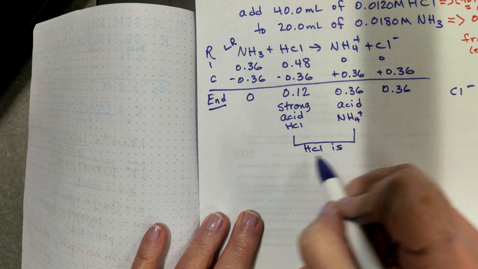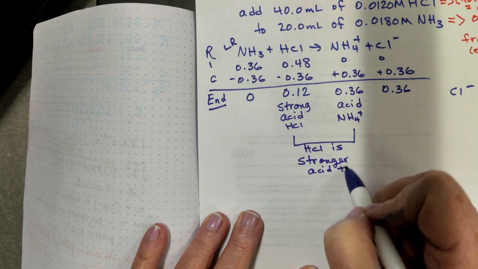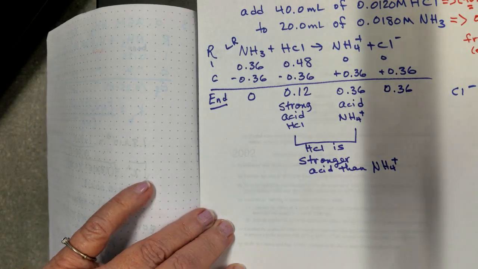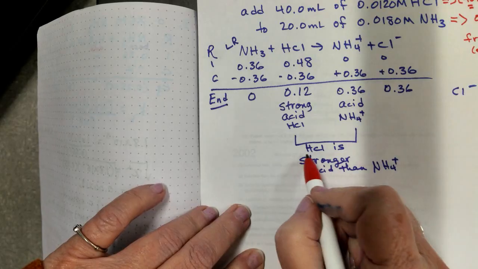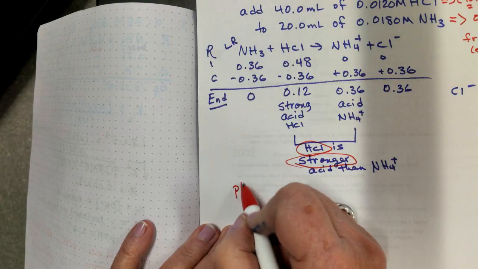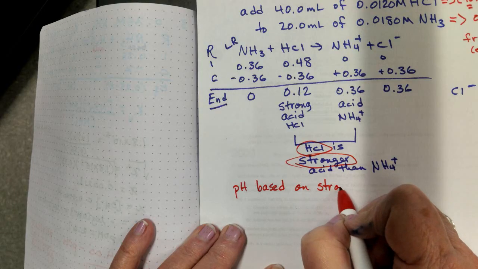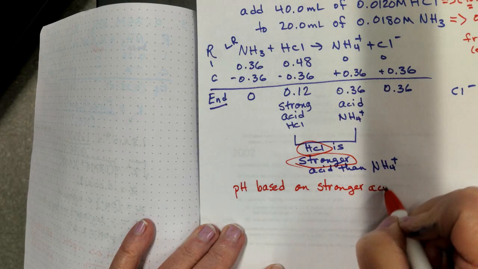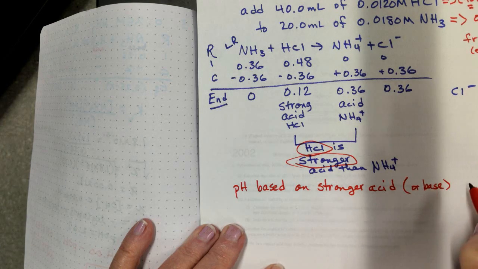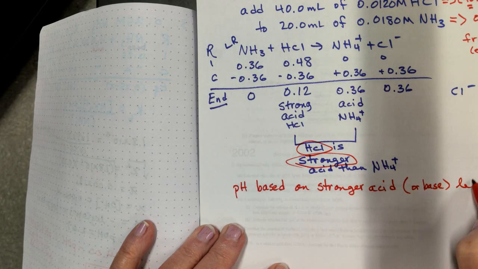HCl is a stronger acid than NH4+. And so we base the pH on the stronger acid, or base depending on what we have left.